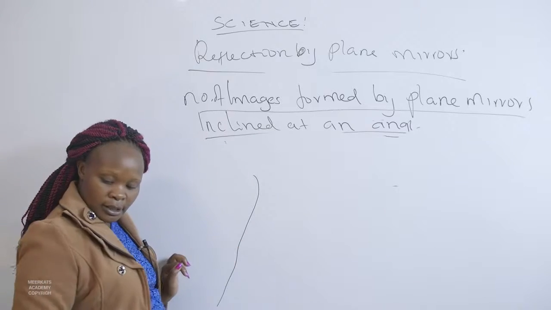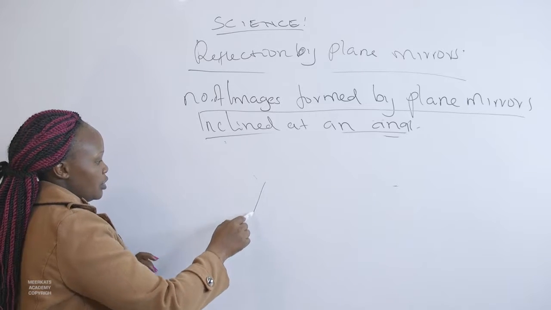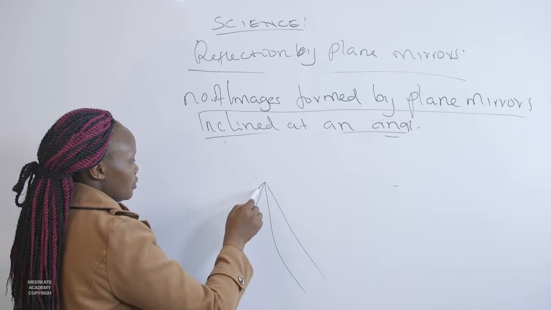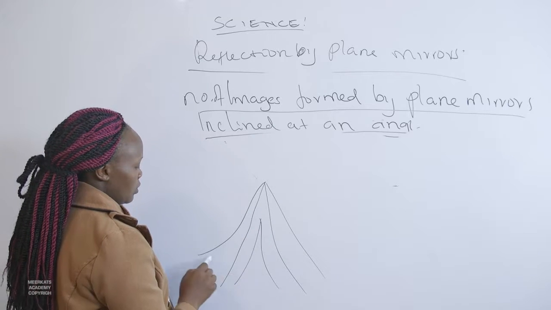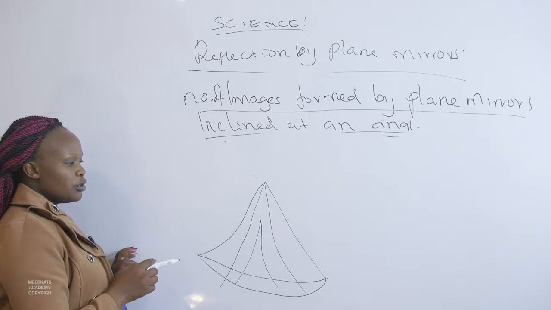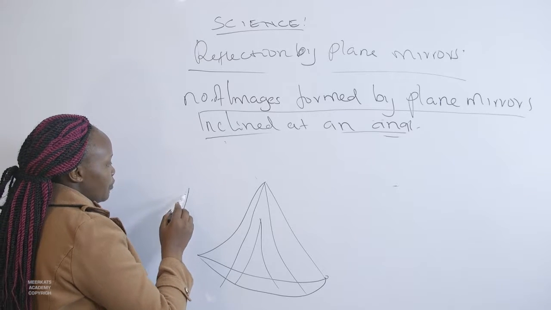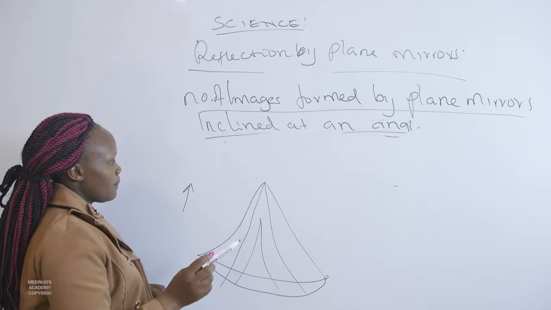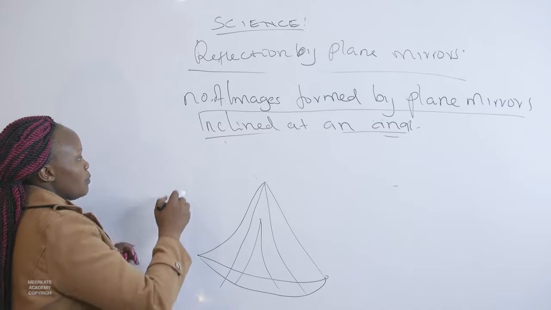45. Let us assume we have a mountain. We have a mountain here, and then we want to observe something behind here.